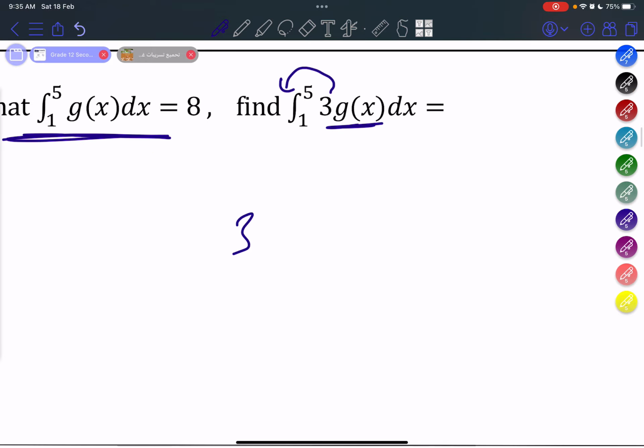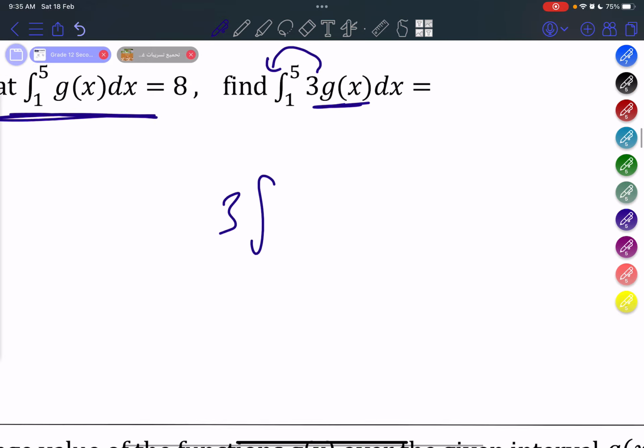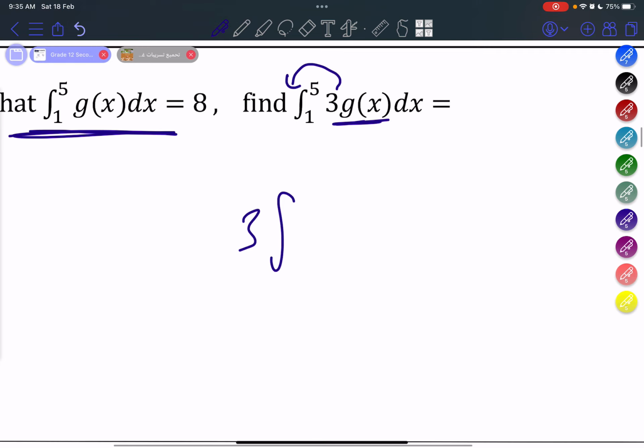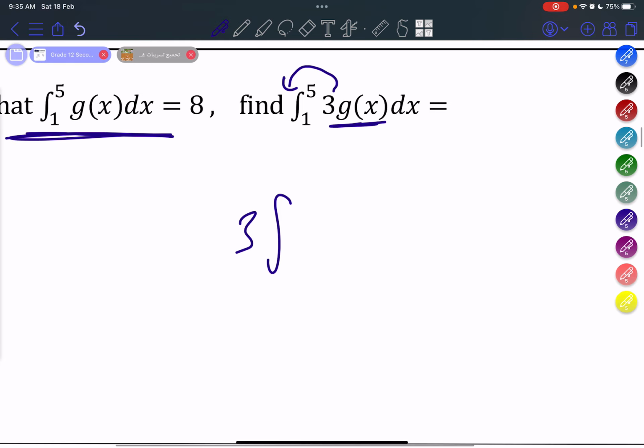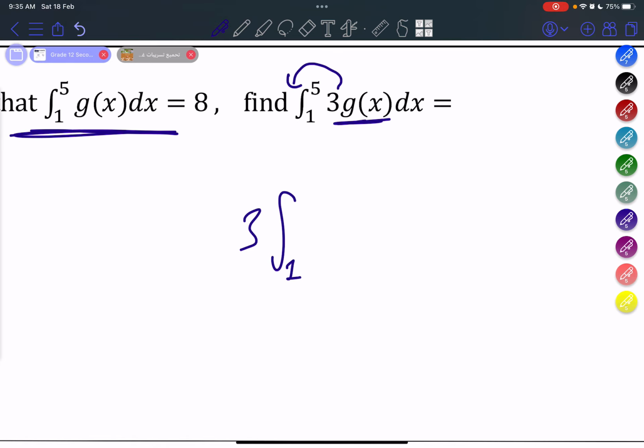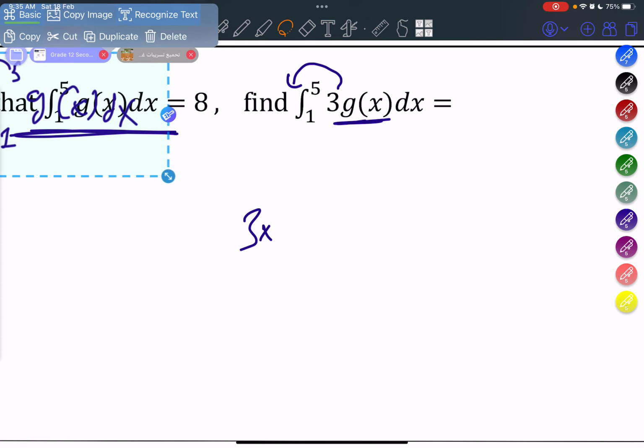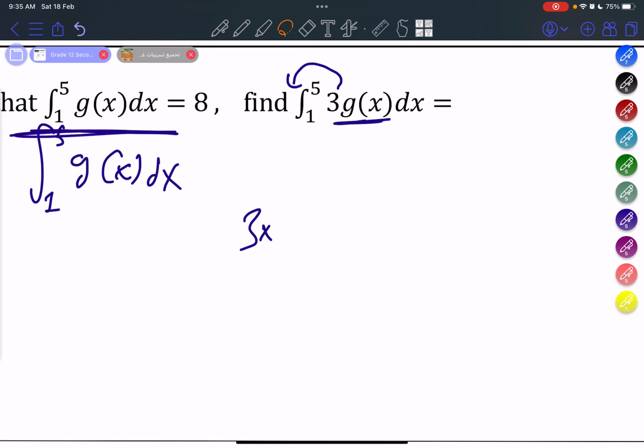It becomes 3, and then we just write the entire integral and the entirety of the equation is the same. So integral from 1 to 5 of 3 g of x dx. So here times, this we already got as 8. So we'll put 8 instead, which will get us 24.